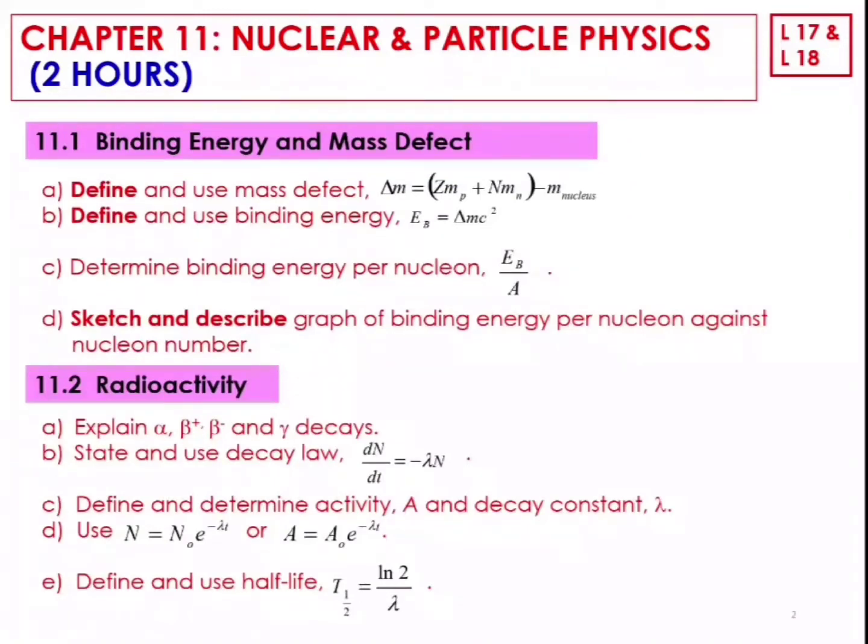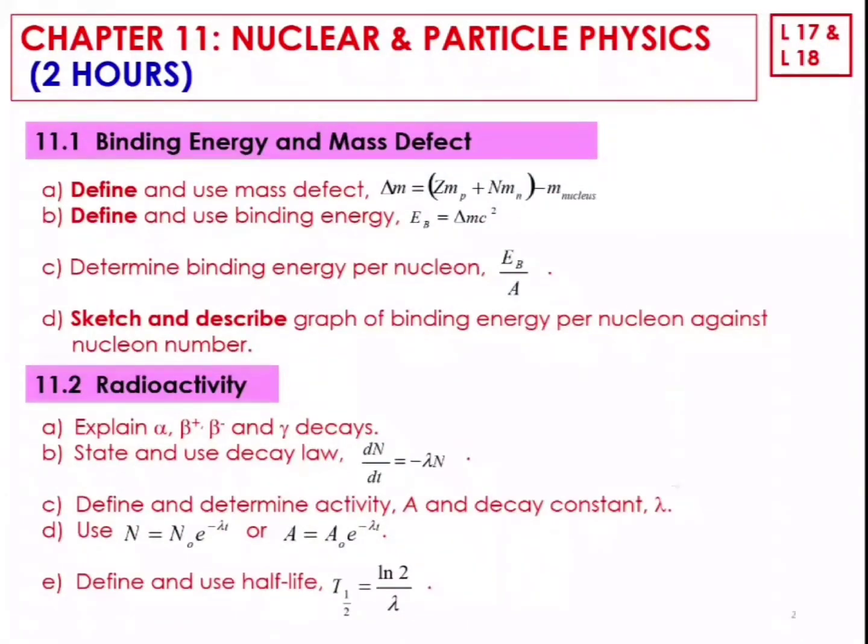Then from the second subtopic, we have 5 learning outcomes. Explain alpha, beta plus, beta minus and gamma decay. Next, state and use the decay law. The decay law is dN over dt equal to negative lambda N. Then our third learning outcome from 11.2 is define and determine activity A and decay constant.